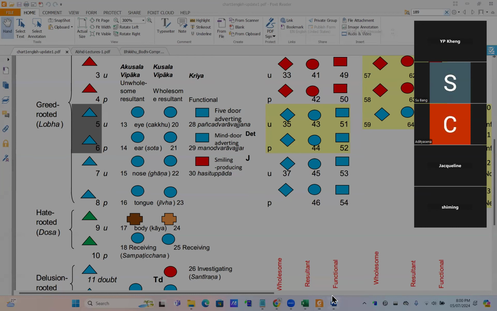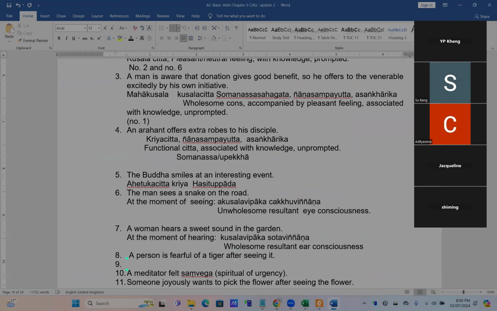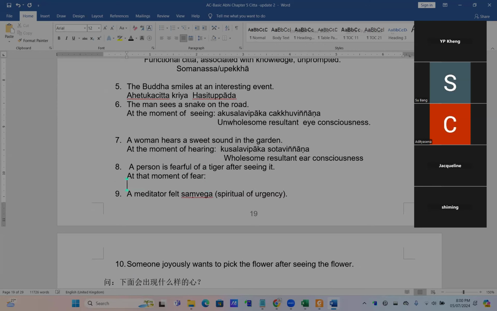Next question, so we try to finish these questions. A person is fearful of a tiger after seeing it. So at that moment, after seeing it, we don't consider the seeing, or the fear. What kind of citta will arise?